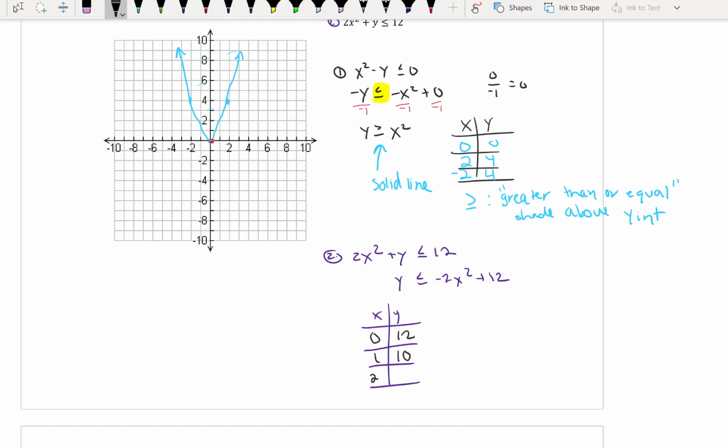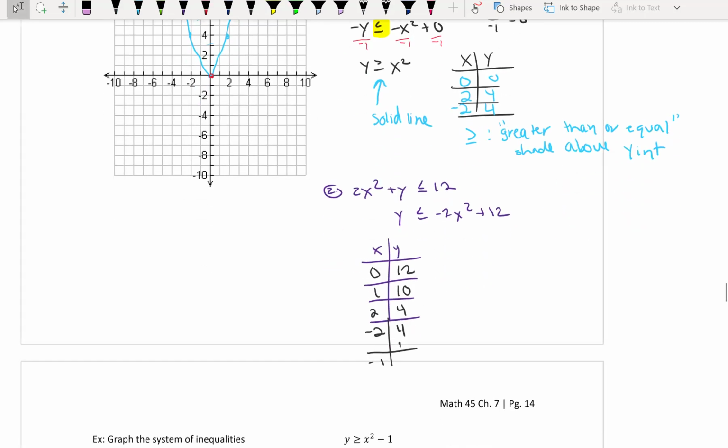If I plug in a 2, that gives me a positive 4. Let's see what happens when I plug in a negative 2. Well, that would give me negative 2 times negative 2 squared plus 12, which would be a positive 4 as well. And if I were to plug in a negative 1, negative 2 times a negative 1 squared plus 12 is a positive 10 as well.